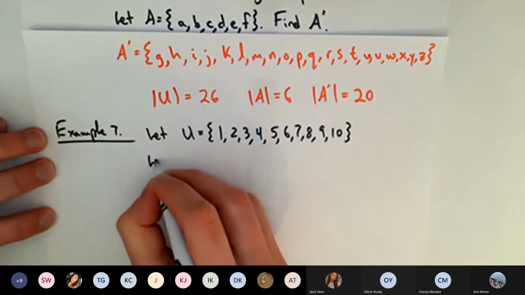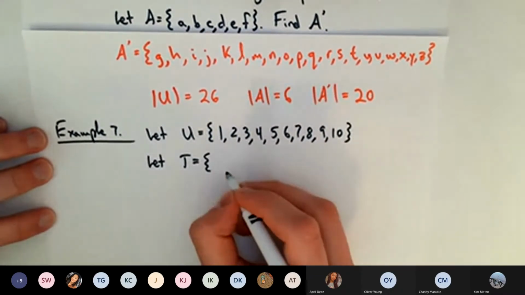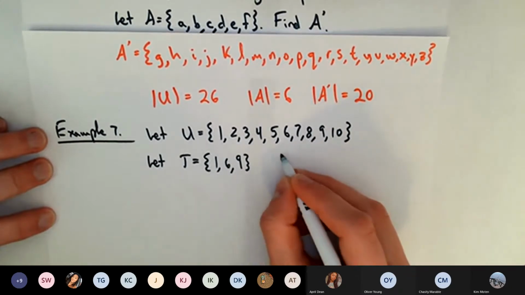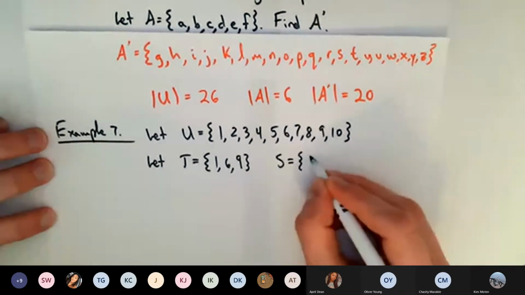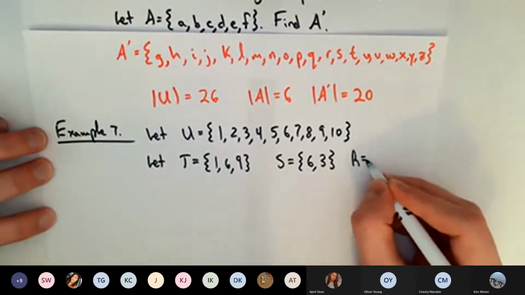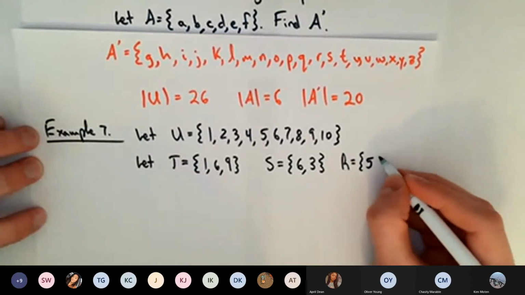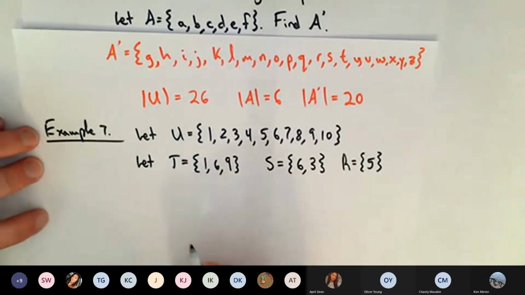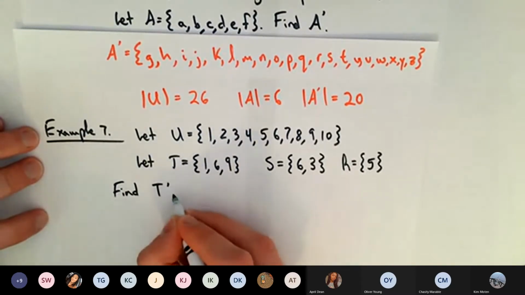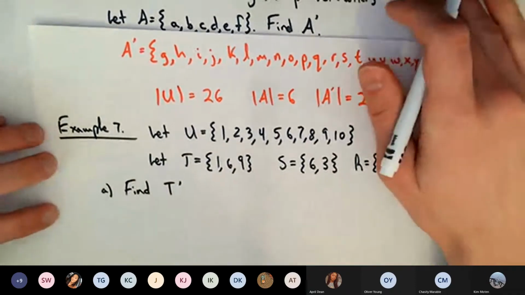And then let T equal 1, 6, and 9, and S equal 6 and 3, and R, so the set R, not real numbers, just some name for a set, be the element 5. Okay, let's find T complement. Let's call that part A, find T complement.